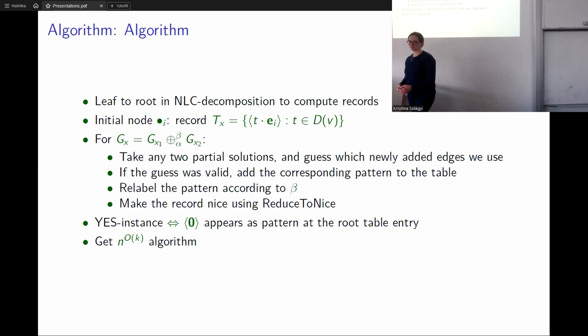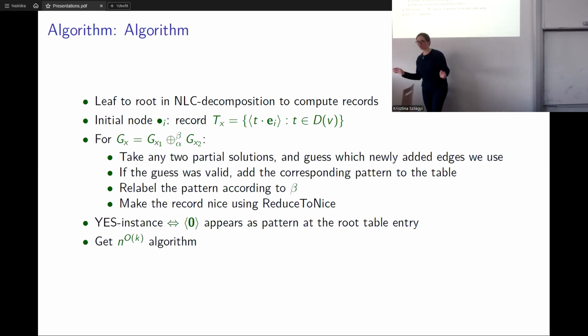Then the main part of the algorithm is how do we do this join operation? And we do it in maybe the most obvious way. We take two partial solutions that we constructed until now. We look at the newly added edges that are described by this alpha, and we just guess which of the newly added edges we use.